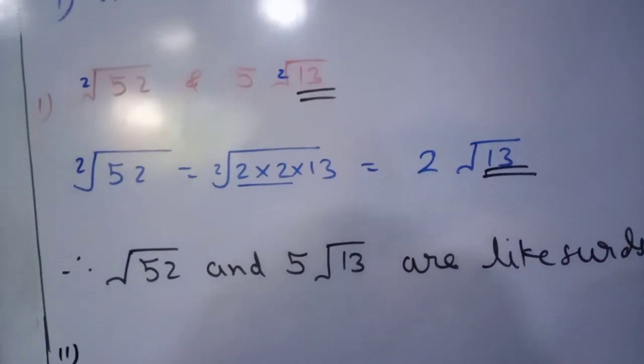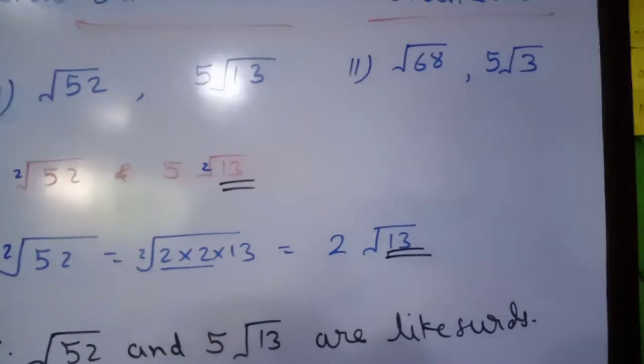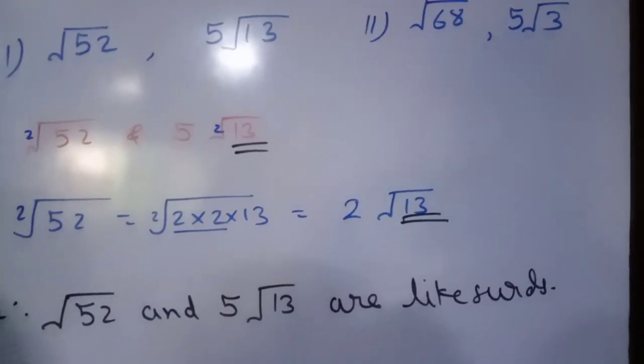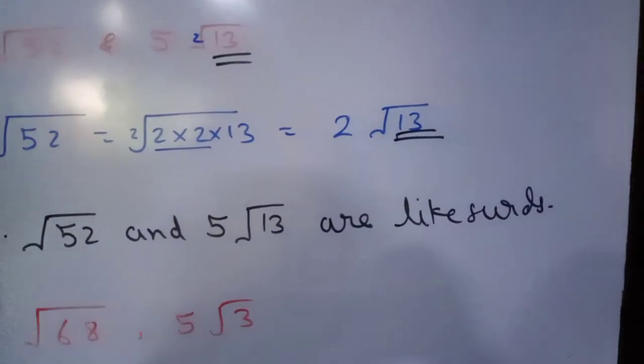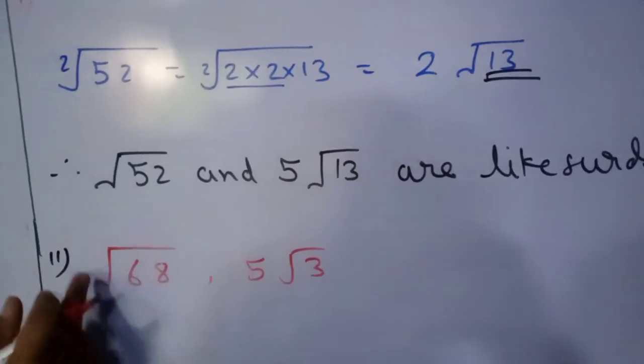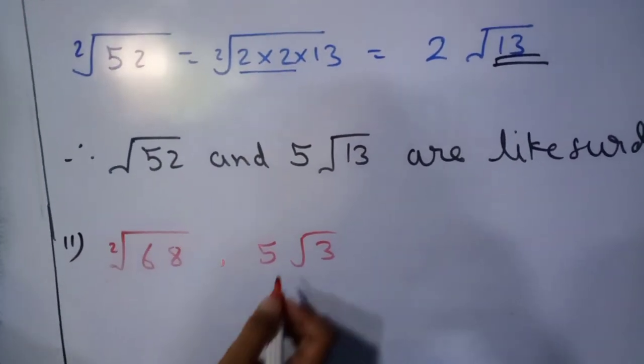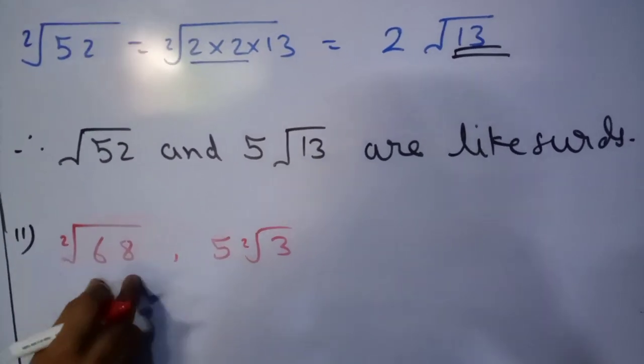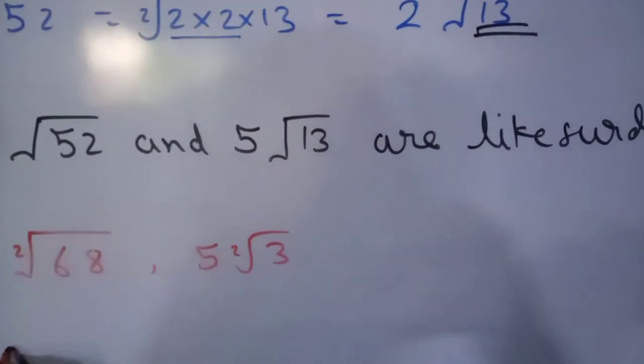Now the second sum, what we have? Root 68 and 5 root 3. The same way here also we have the order 2 and here also the order 2. Orders are same. Now we have to compare the radicands.